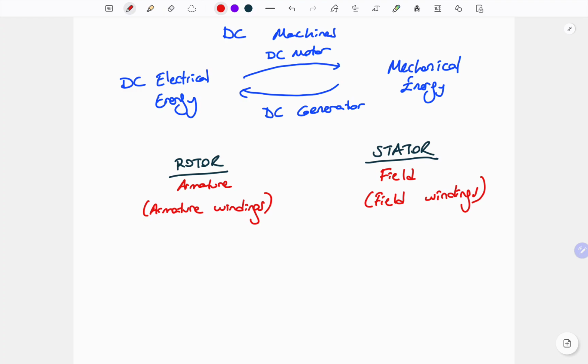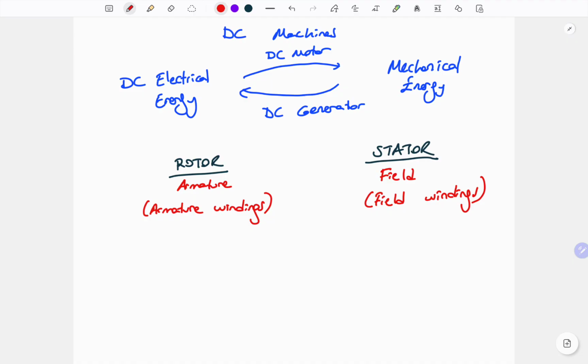The windings are called armature and field. In the rotor, we call it the armature, and the windings located on the rotor are called armature windings. Similarly, the field windings are located on the stationary part, which is called the field in such constructions.